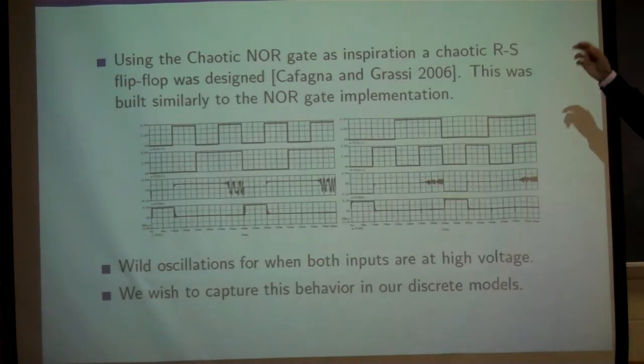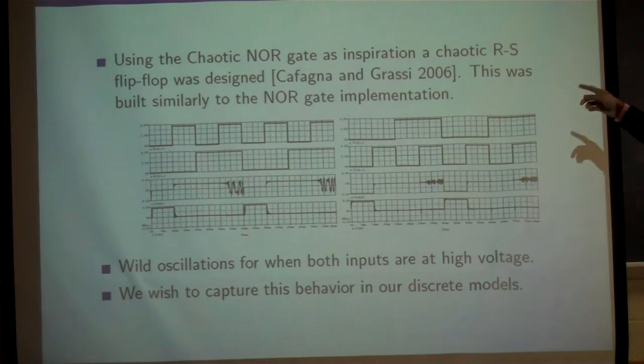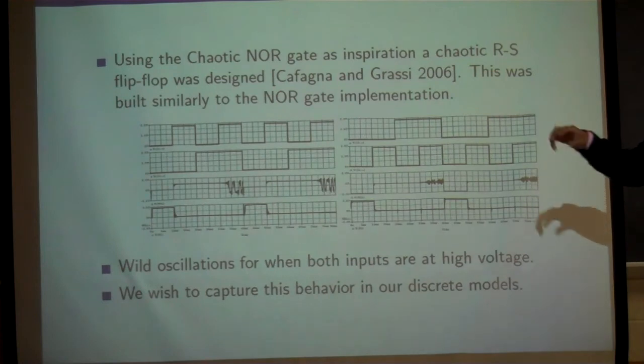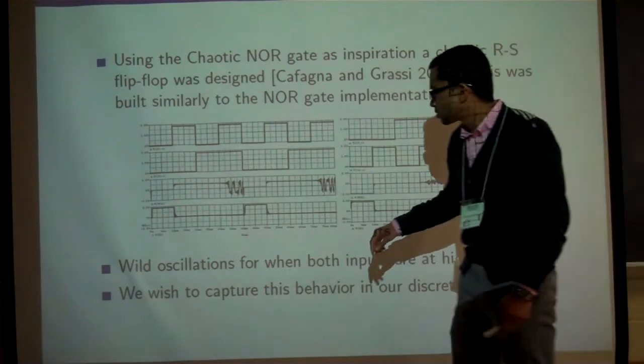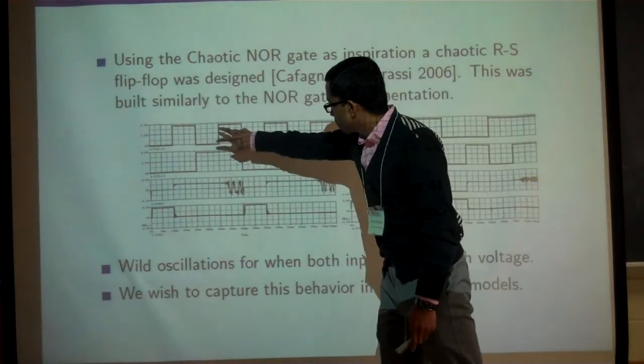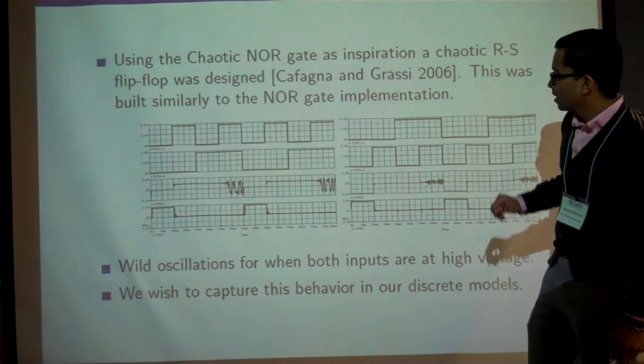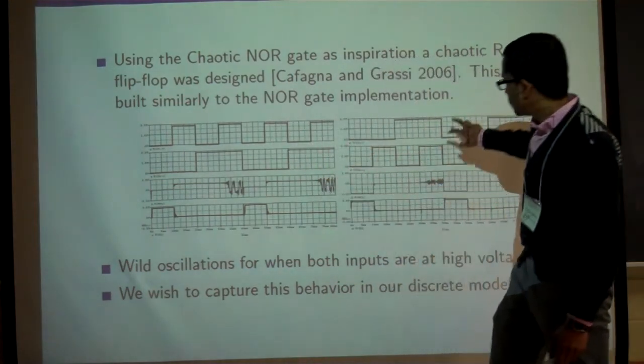Now, with the NOR gate as inspiration, Cafagna and Grassi in 2006 developed this RS flip-flop. They designed this RS flip-flop similar to the NOR gate implementation. And they see the same sort of thing. These are the two NOR gates, and these are the two inputs.